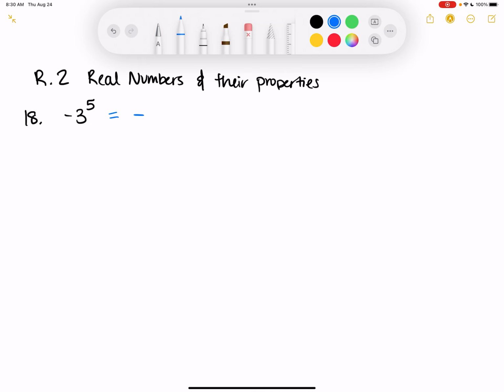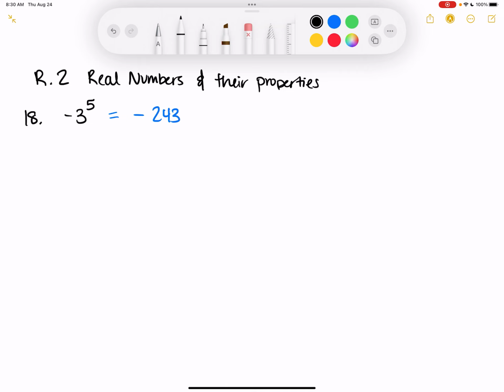And it's going to be negative because it's out front here. So -243. I usually think 3 to the 4th, and then I don't know 3 to the 5th off the top of my head, but I usually just multiply 81 by 3 again, and that's how I get there.